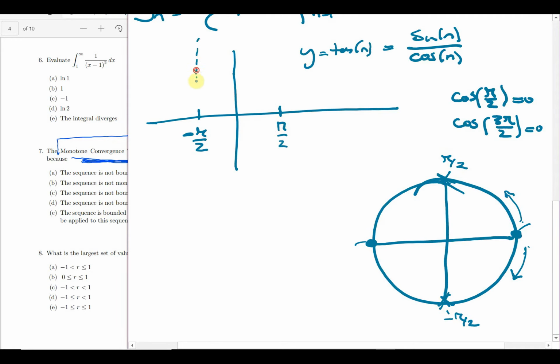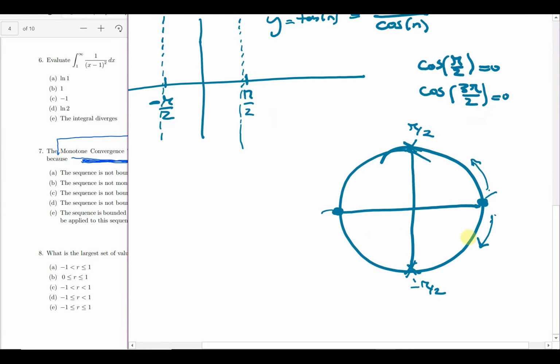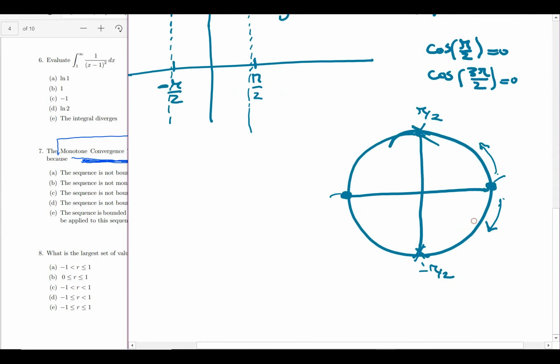We can't have these cases, so we draw a line, a discontinuity exists. Notice in this quadrant, we're going from 0 to negative pi halves, where this is the y-axis and this is the x-axis.